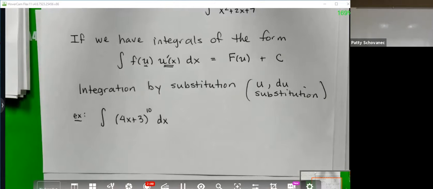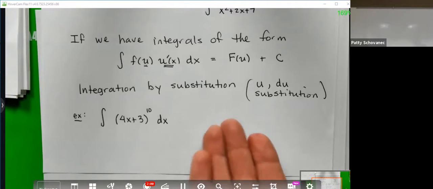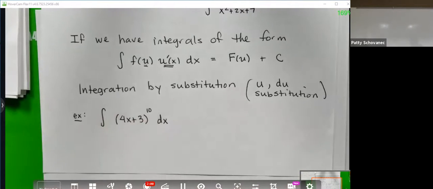Well, if it ended up with the 10th power up there, before I took the derivative of it, I had to have an 11. So this should be some version of (4x plus 3) to the 11. But the derivative of (4x plus 3) to the 11 is more than just this. So let's think our way through it.